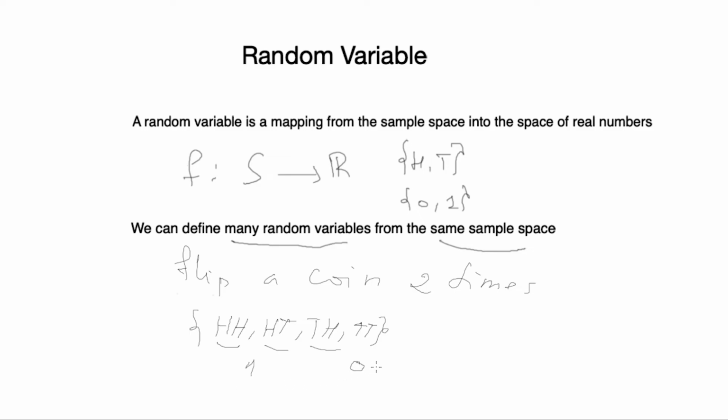And in this case, the new random variable will be 1 for the case where we have a head, and 0 for the case where we don't have a head. Or it can also be the opposite.